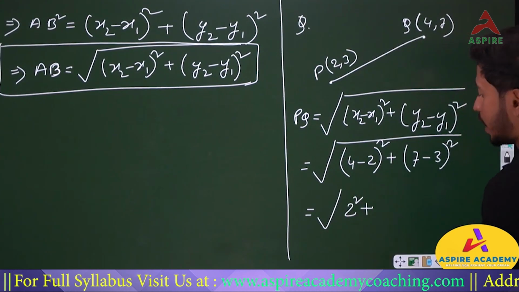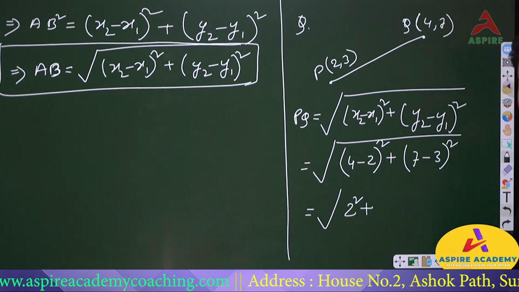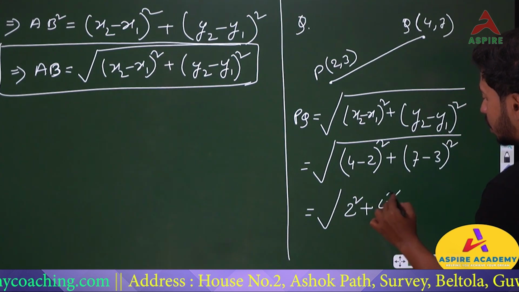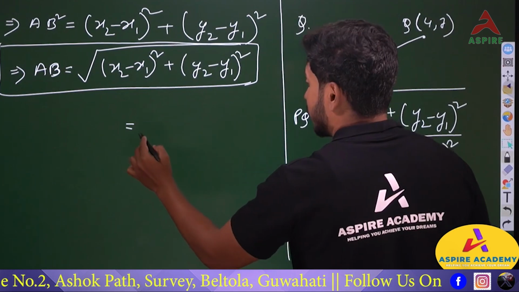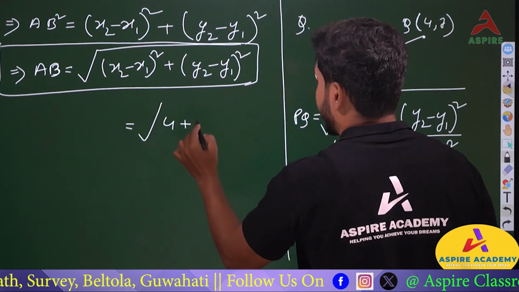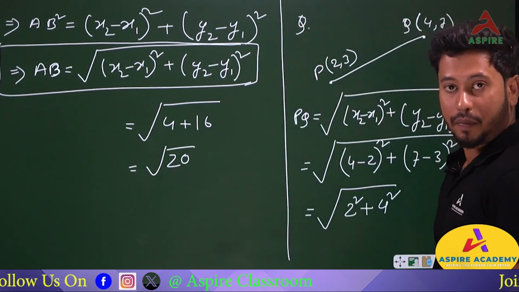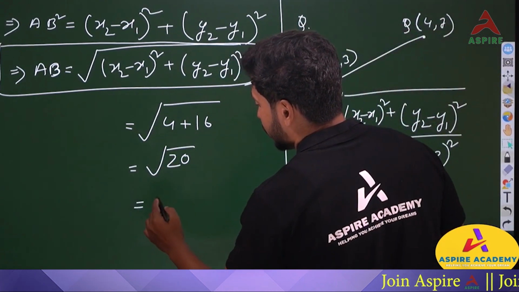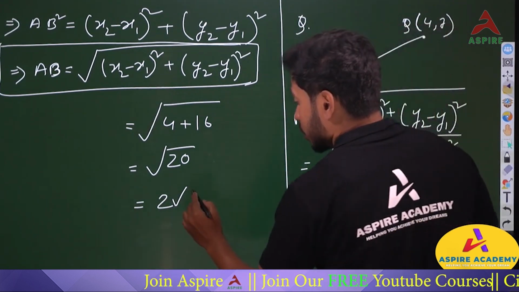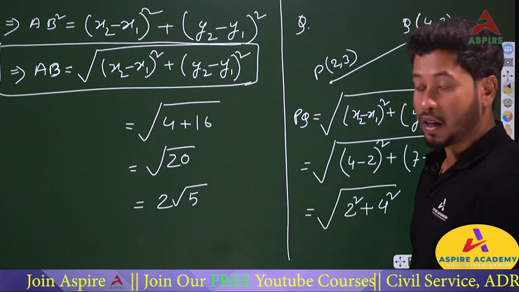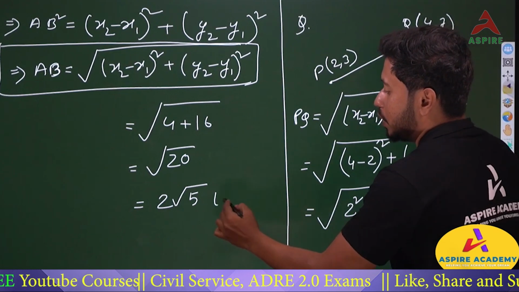This will be 2 square plus 4 square, right? So 4 plus 16 will be root over 20. Root over 20 means we can say 2 root over 5. So the distance between P and Q is 2 root over 5 unit.